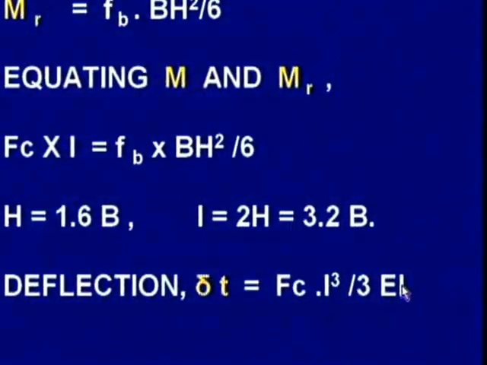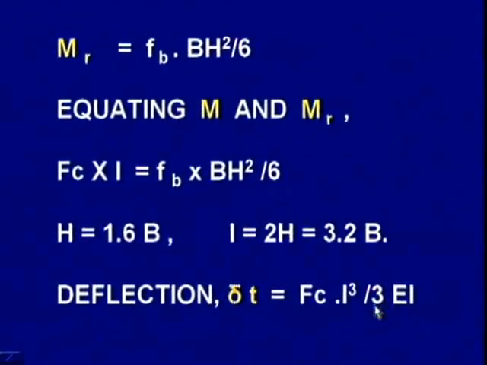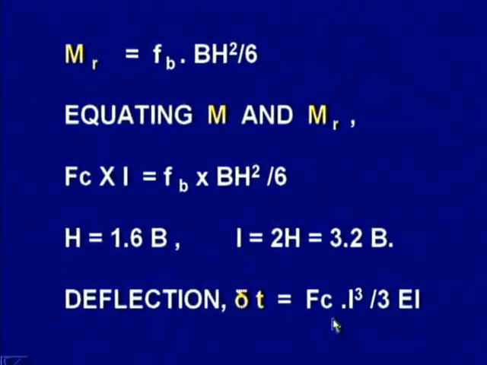Depending upon the material, the Young's modulus will vary. I is the moment of inertia of the cross section of the cutting tool. So substituting the values of Fc, L, E and I, we can get the maximum deflection obtained by virtue of applying a force Fc on the cutting tool.